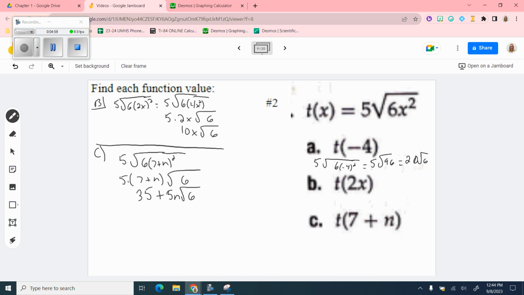Now, technically, when you do take the square root of the variable like that, you want to leave that variable in absolute value because you don't know if it's a plus or minus. And kind of the same thing here. When we take that 5 back out, we want to leave it as 5 times the absolute value of 7 plus n, square root 6 with that one.